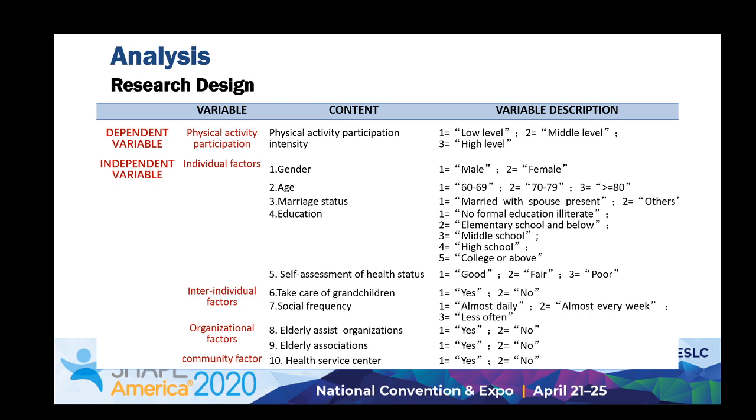It uses whether there are organizations that assist the elderly, the weak, the disabled, and whether there are elderly associations as the independent variables of organizational factors. Then it uses whether there is a geriatric health service center as an independent variable of community factor. We do not consider the influence of policy for the time being.